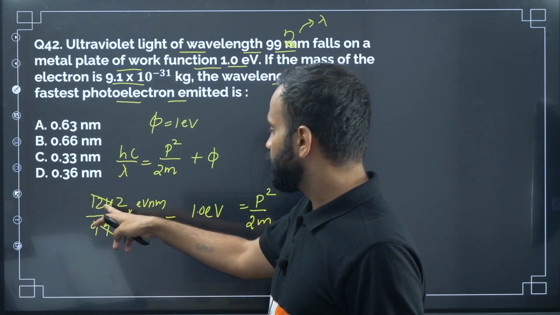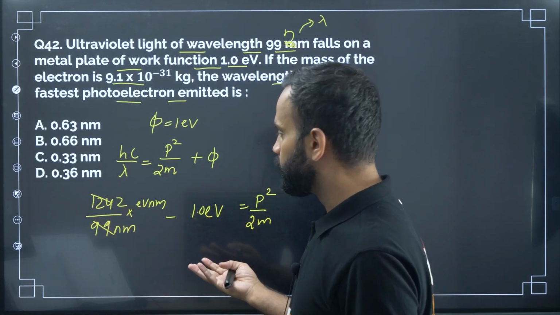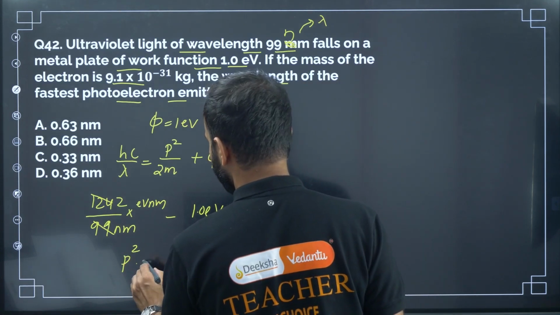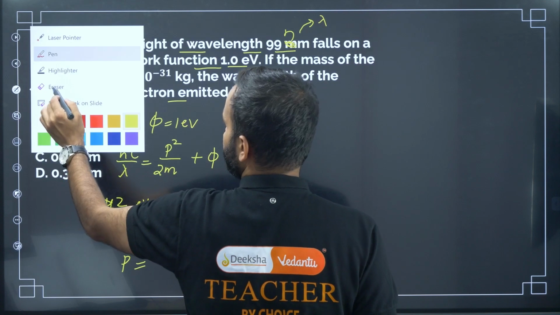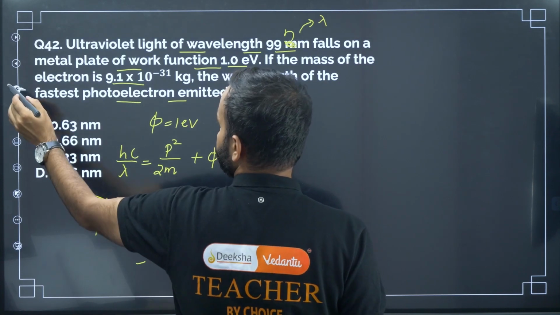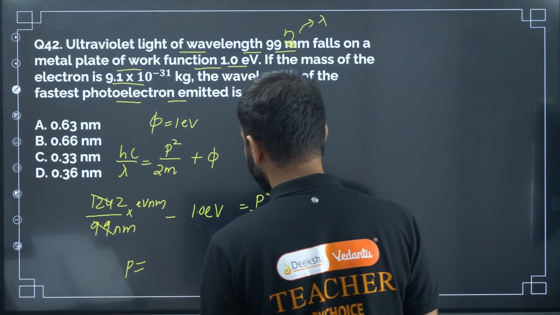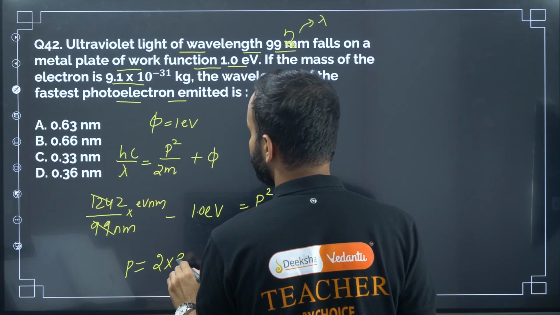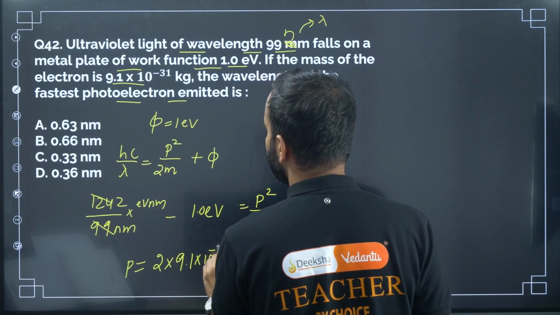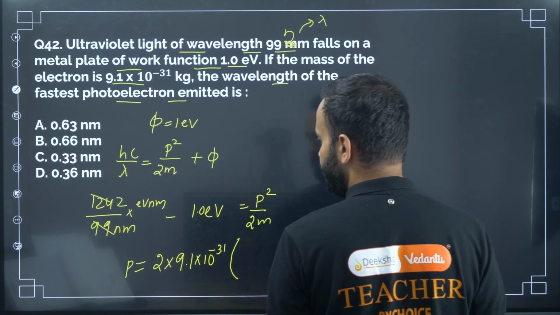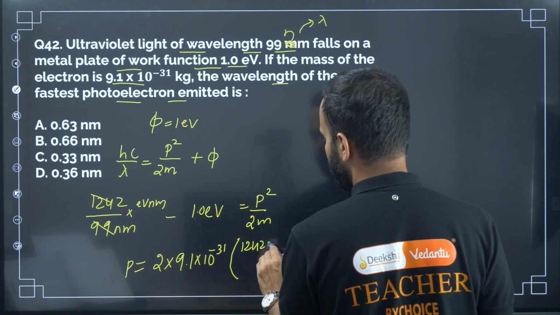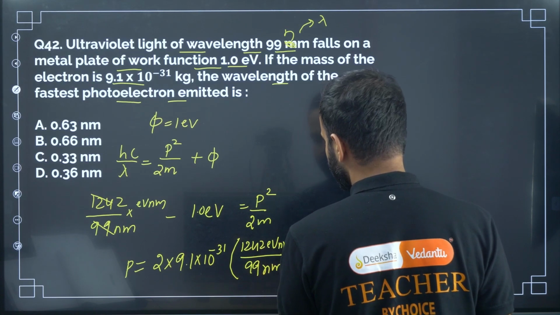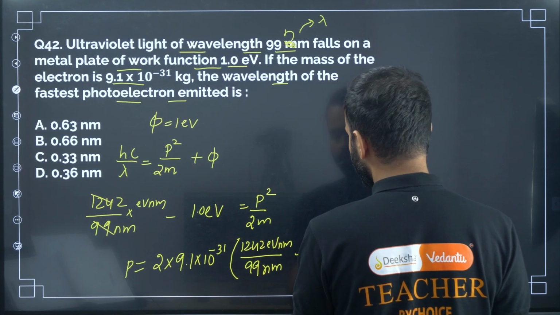So 1.242 minus 1 is 0.242. Now P is equal to the square root of 2 into m, where m is the mass of the electron, 9.1 into 10 to the power minus 31, into 1242 electron volt nanometer divided by 99 nanometer minus 1 electron volt.